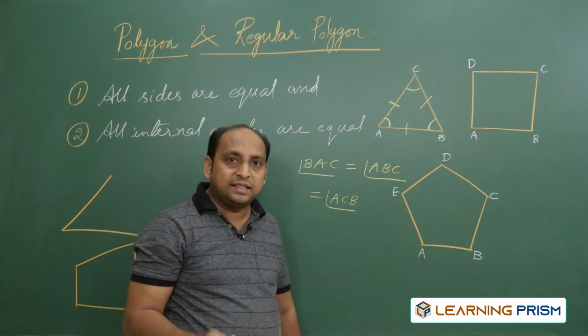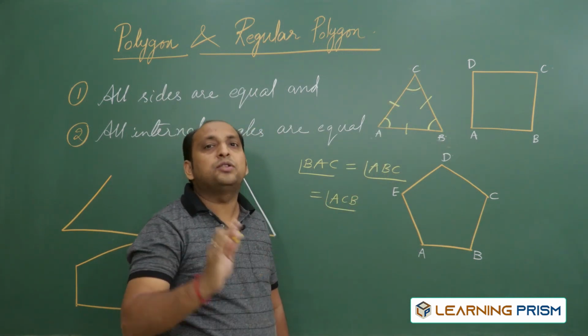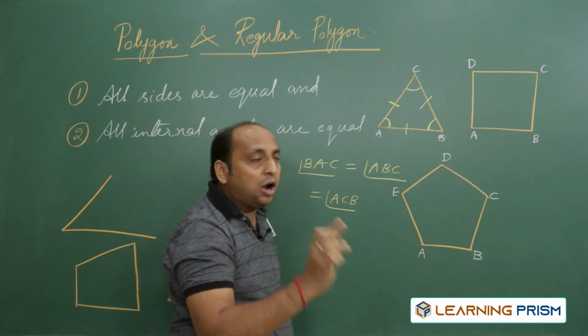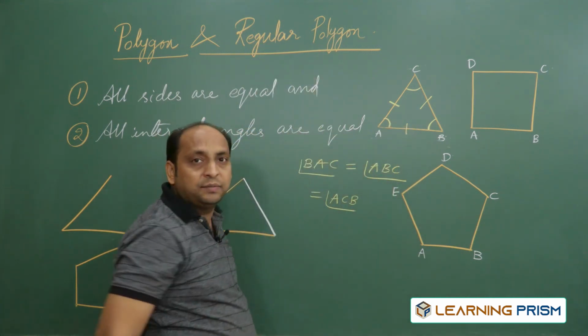All the three internal angles should also be equal. Then only such a polygon will be called a regular polygon.